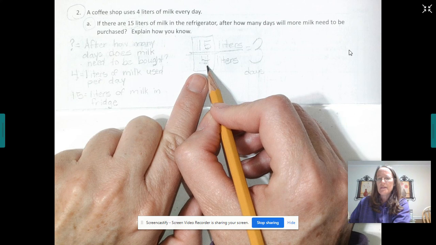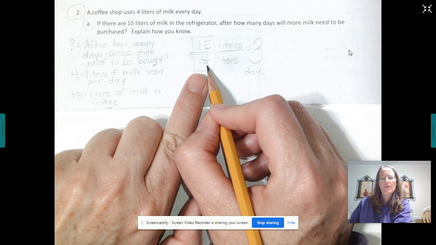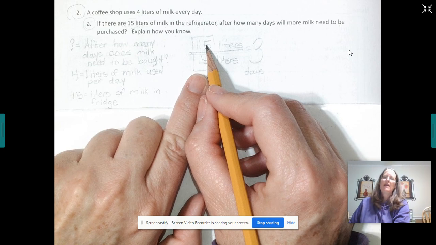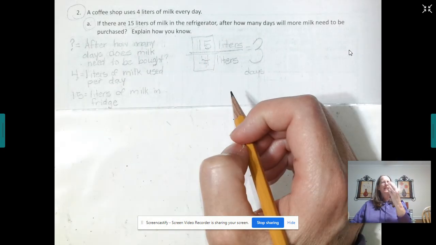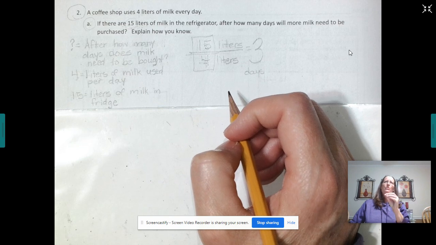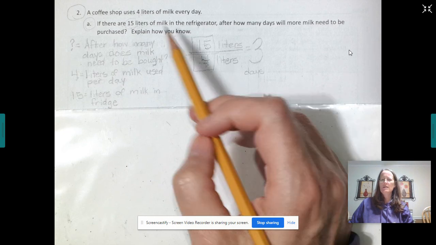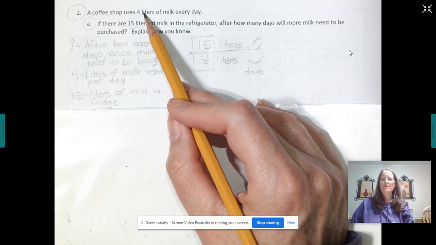with how many liters left over? 3. Now, wait a minute. Is 3 liters going to get me through the next day? How many do they need every day? They need 4.